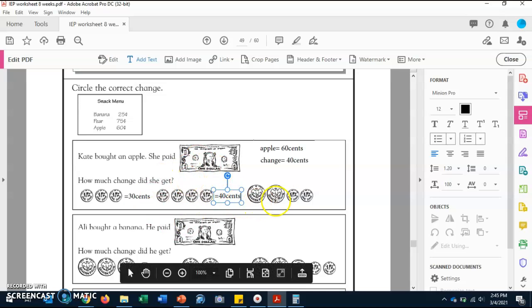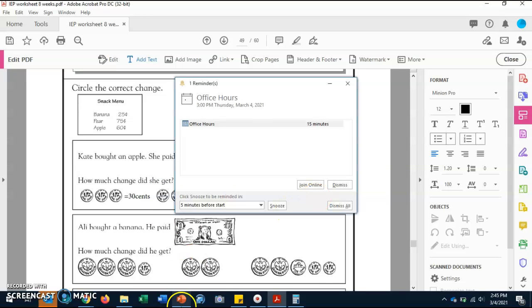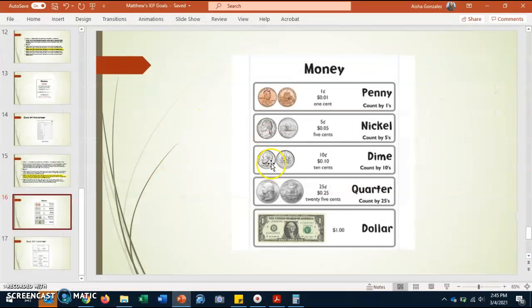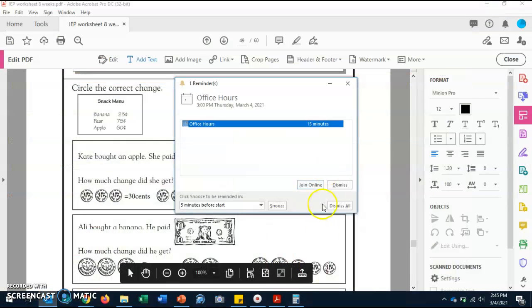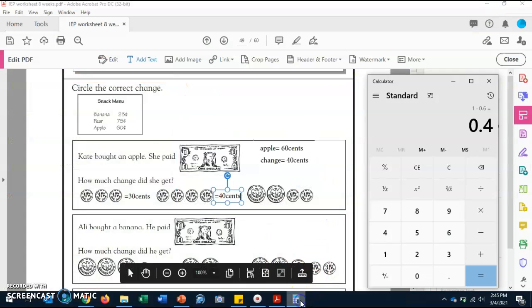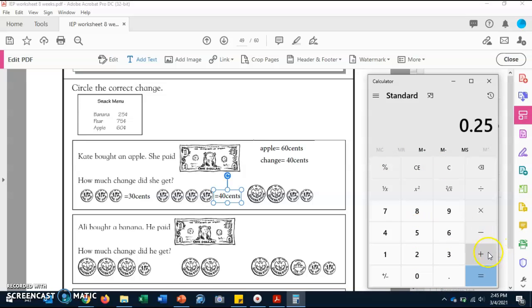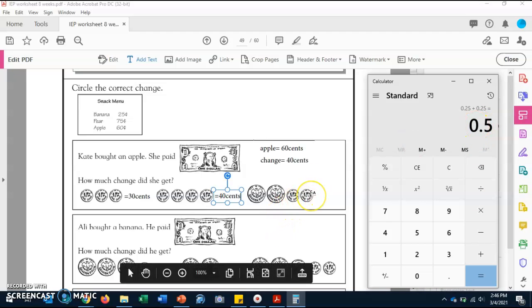So over here we have 2 quarters and 2 dimes. So we know a quarter is worth 25 cents, and we have 2 quarters. So we can add it if that's easier for us. So we can put 0.25 plus 0.25, and that gives us 0.5, which is also 50 cents. And then we have 2 dimes, so we can add that too.